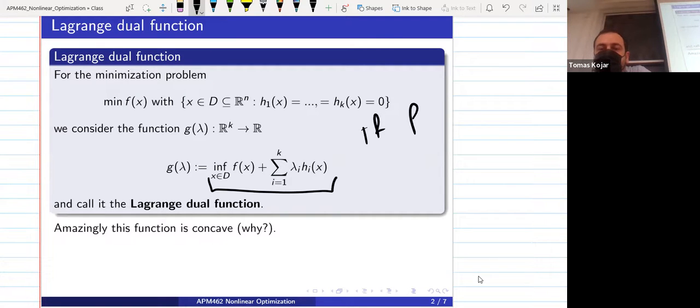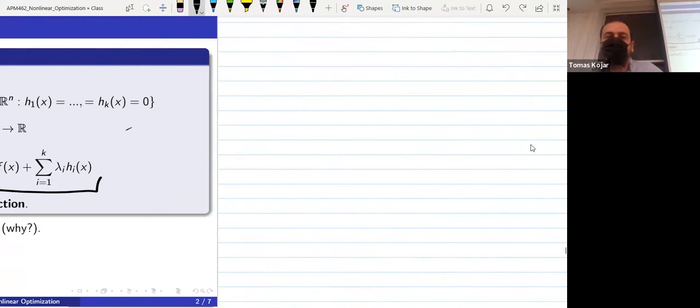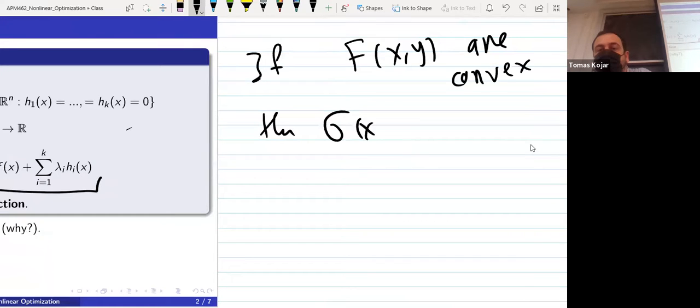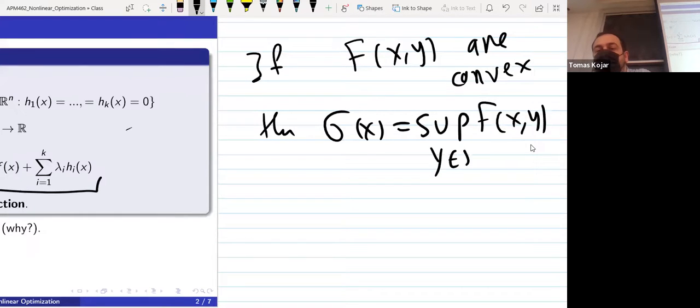Call it capital F. If f of x, y is convex, then g of x equal to the supremum of f of x, y for y in some convex set is also convex.